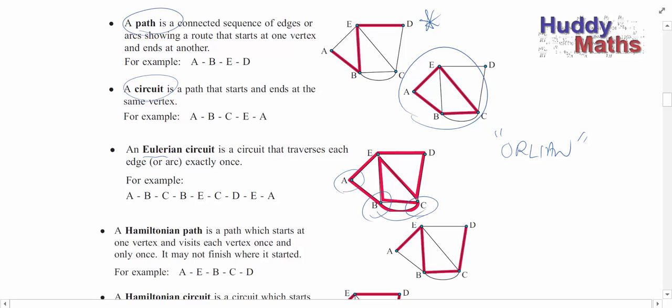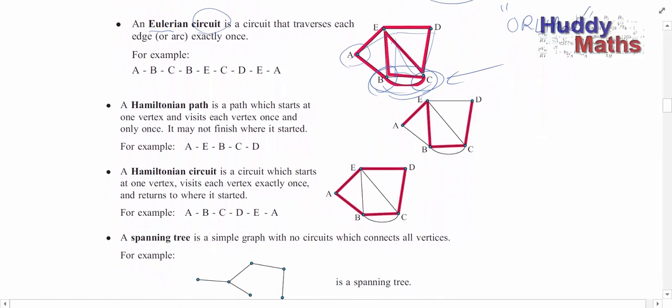So you've gone that way to B, then back to B, then to E, then to C, then to D, then to E, then to A. So it's a circuit. You've started and ended at the same point. You haven't gone over any arc or edge more than once. See here, from B to C, you've got two ways. Go B to C and then back to B with the other edge. So the idea here is just to describe what we're doing.